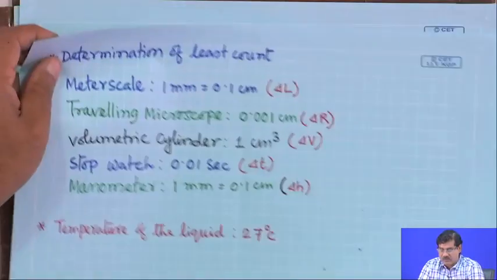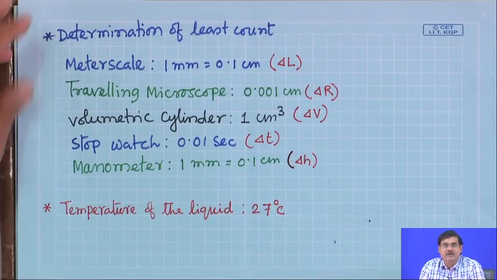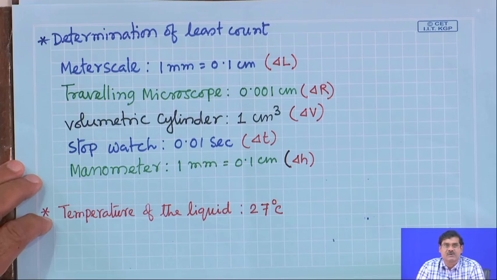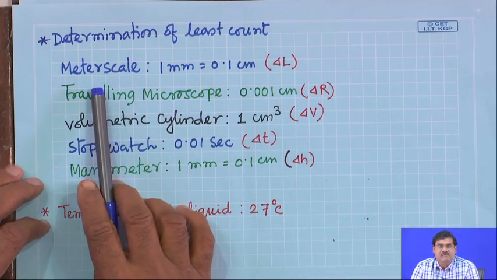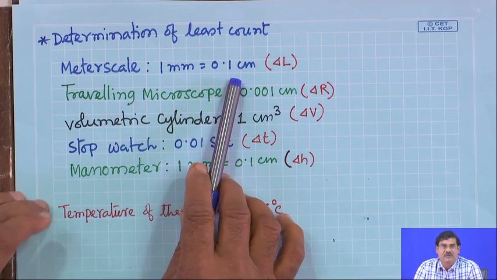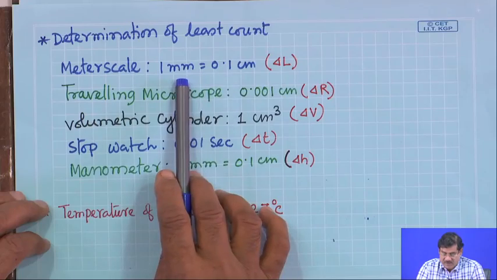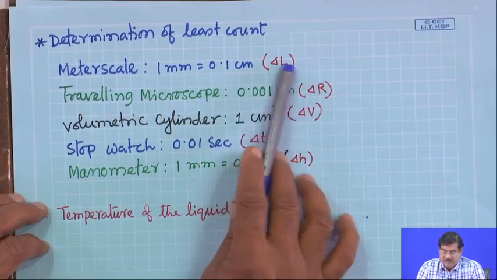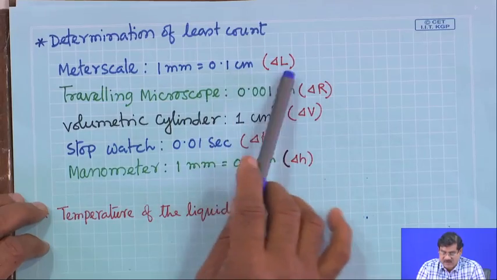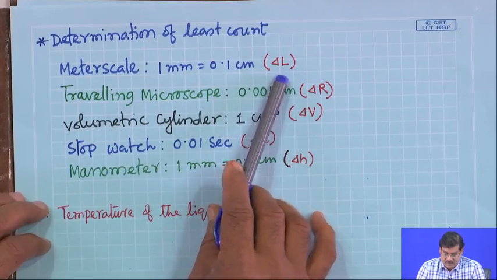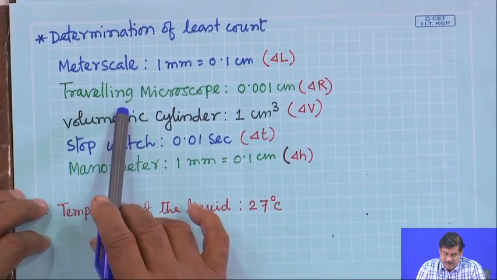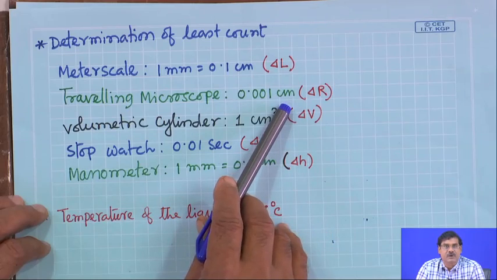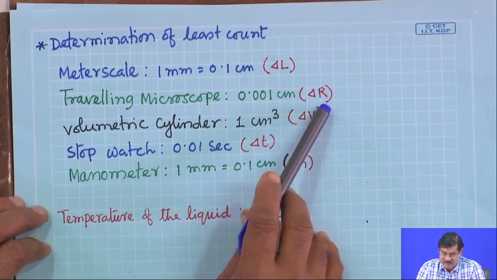We have to note down the least count of those tools. So, the meter scale least count was 1 millimeter or 0.1 centimeter. That is, in error calculation, the del L. Then for the travelling microscope it is 0.001 centimeter, that is del r.